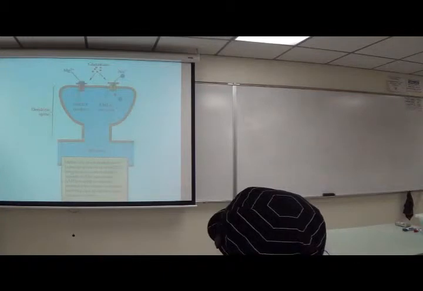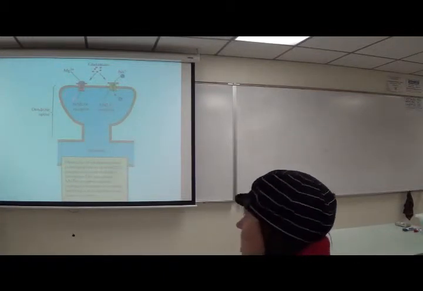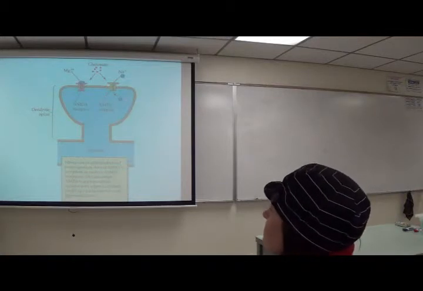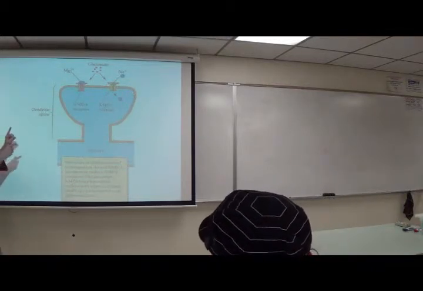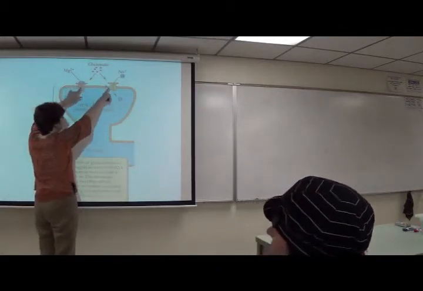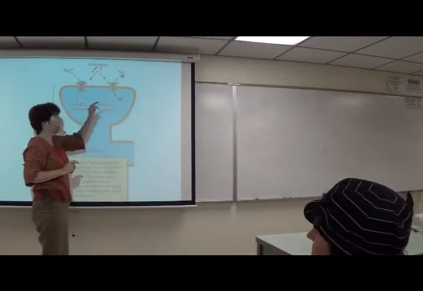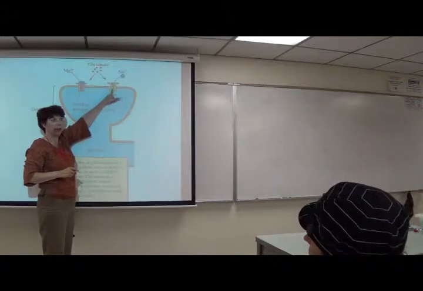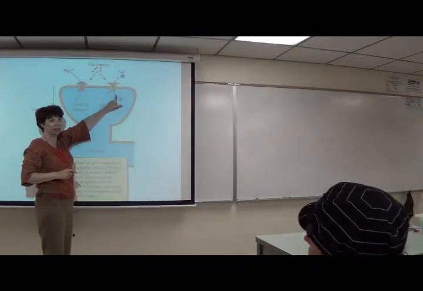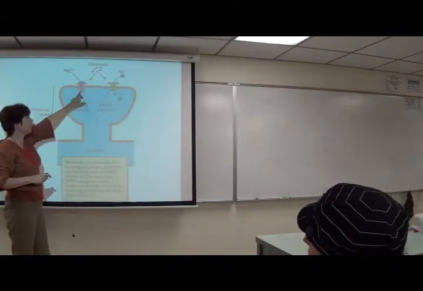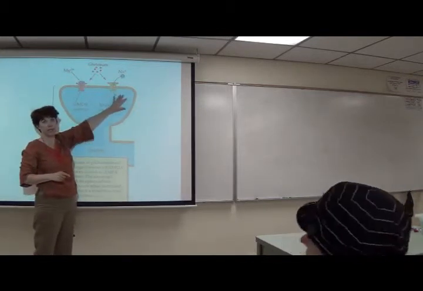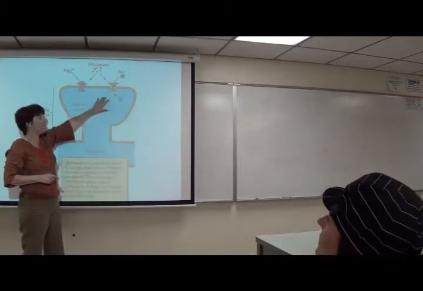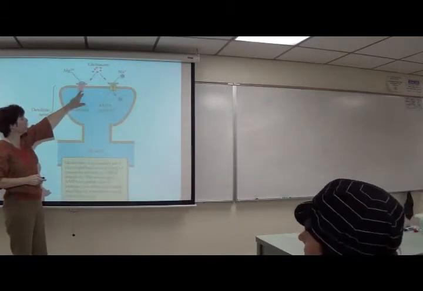So it's this two-step process. The opening of the NMDA channel is delayed until enough sodium comes in. So at one time, glutamate binds to both of these. The AMPA channel will open immediately, allowing sodium ions to enter the cell. The NMDA channel will not open until enough sodium ions come into the channel to cause magnesium to leave.